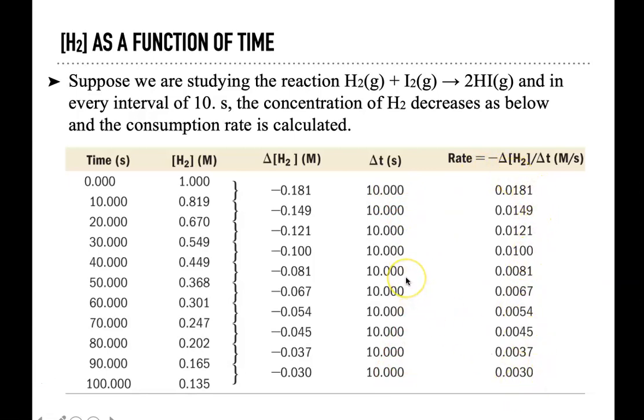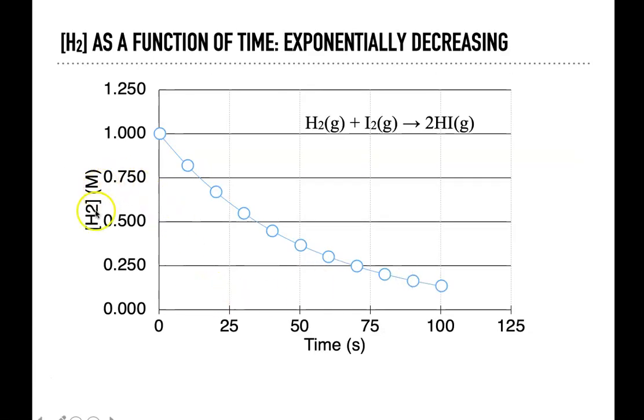So we can put this into a graph, and then we can use this graph to interpret the reaction rate. The hydrogen concentration is translated into a graph as a function of time. The x-axis is time, the y-axis is hydrogen concentration. Initially, hydrogen was at 1 molar concentration.